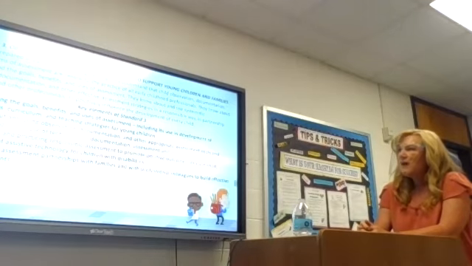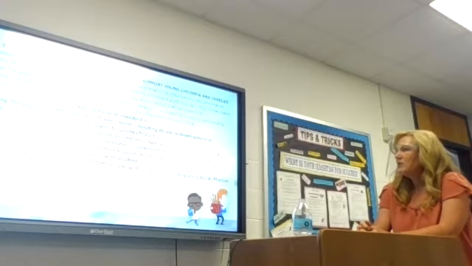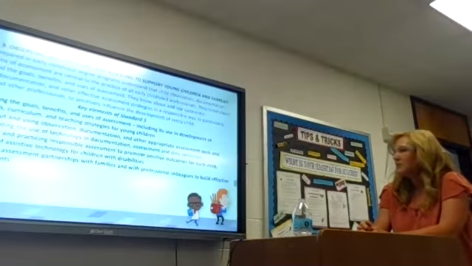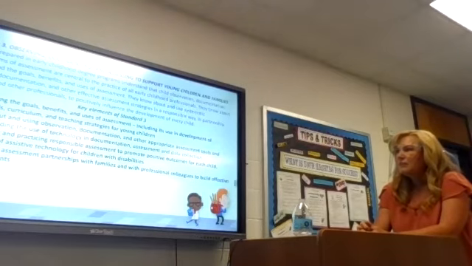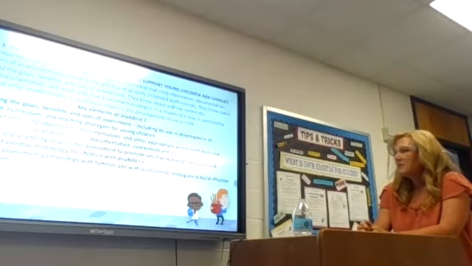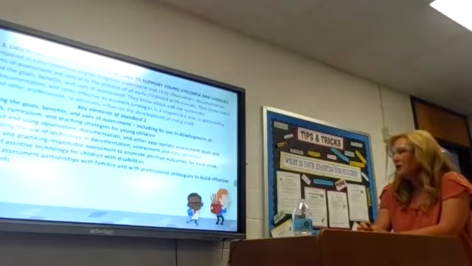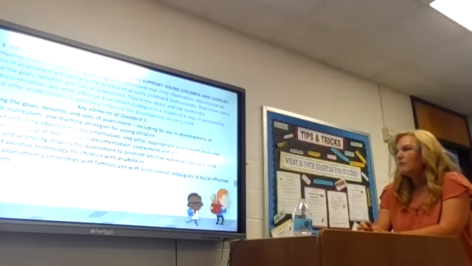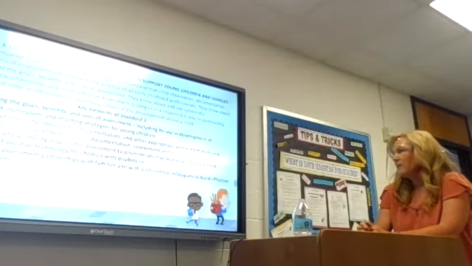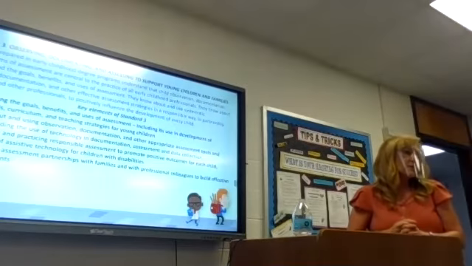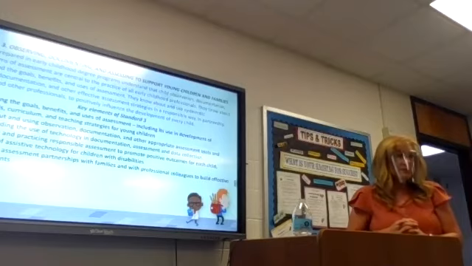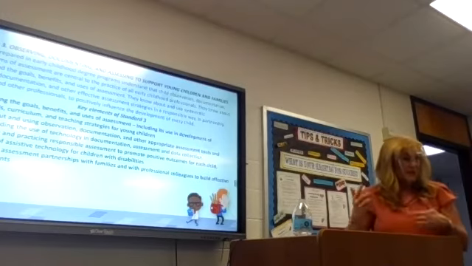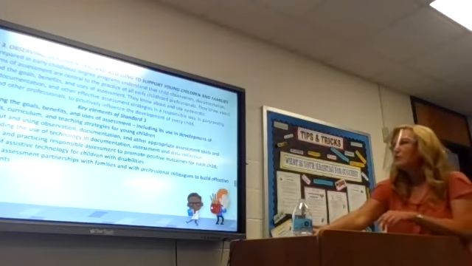B is knowing about and using observation, documentation, and other appropriate assessment tools. C, understand and practice reasonable assessment to promote positive outcomes for each child. And D, knowing about assessment partnerships with families and with professional colleagues. Also, this is where, you remember in 221, you had to come up with a list of things you could share with parents about assessments, where they could go get their children activities and things like that. This is part of that one too.